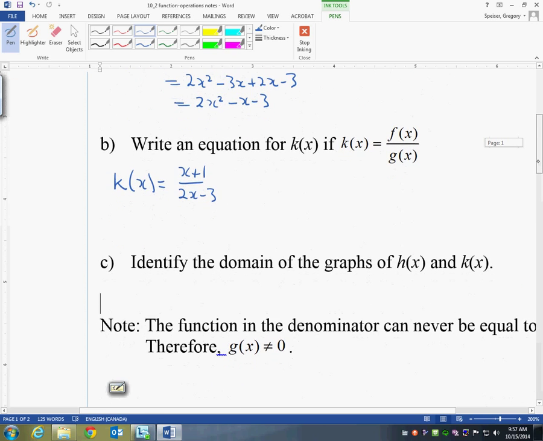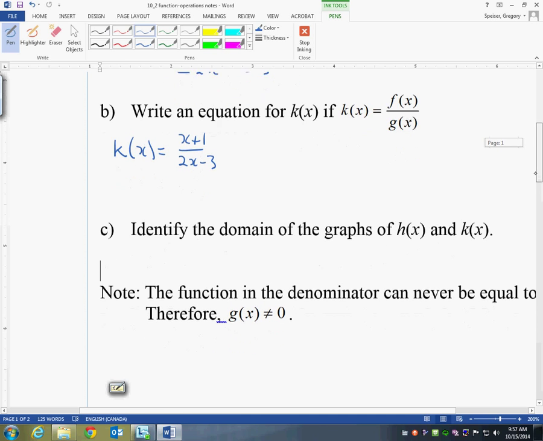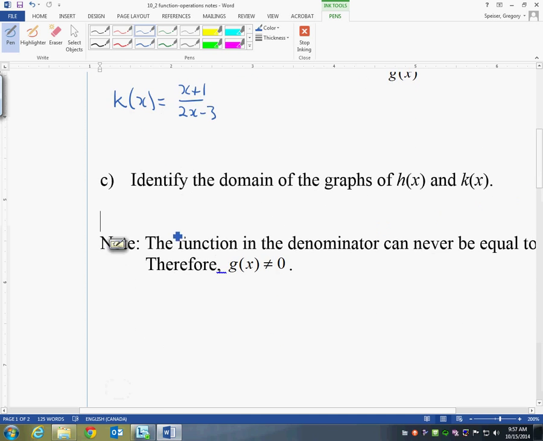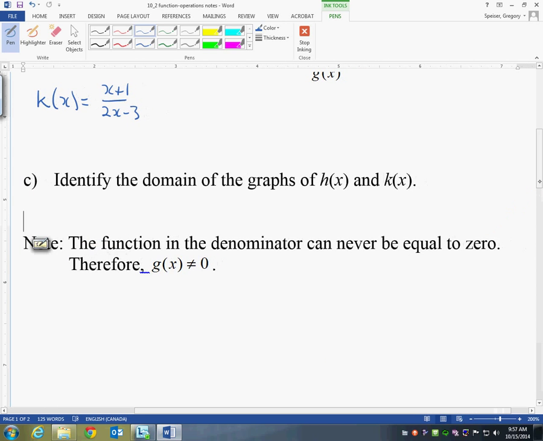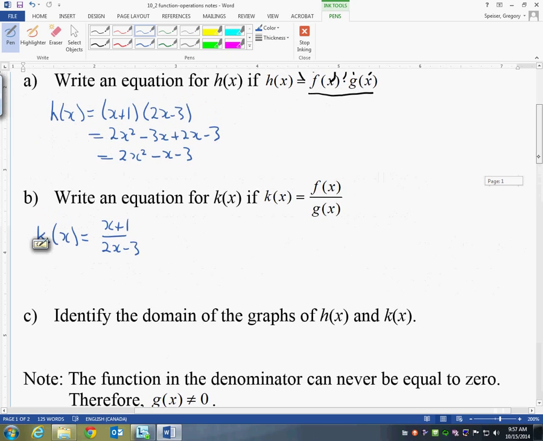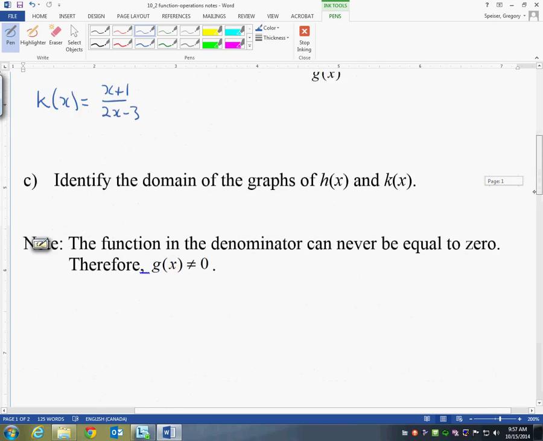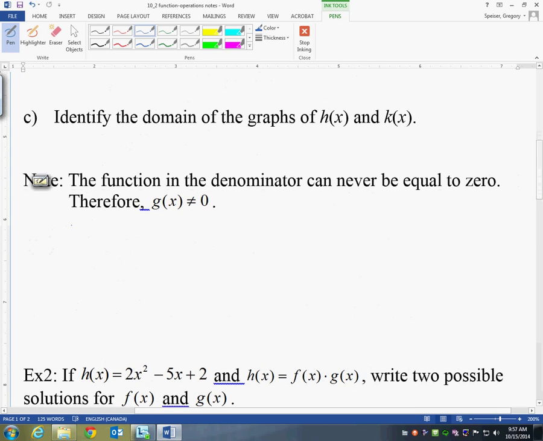Now it says identify the domain of the graphs h of x and k of x. And note, the function in the denominator can never be equal to 0. Therefore, in our example, g of x cannot be equal to 0. Well, why don't we do the first one, the product, the h of x one first. So let's examine h of x.